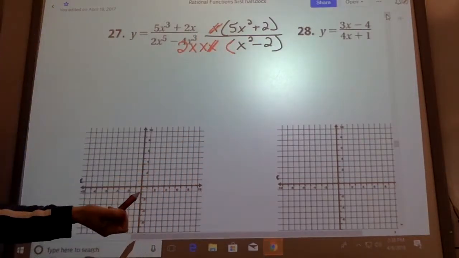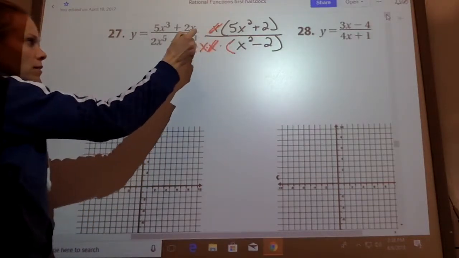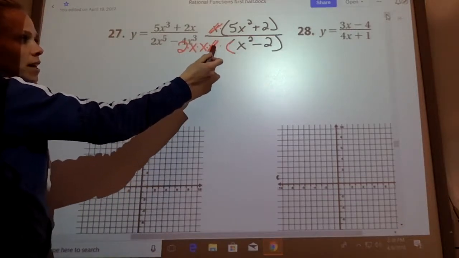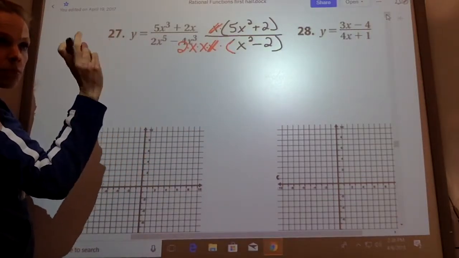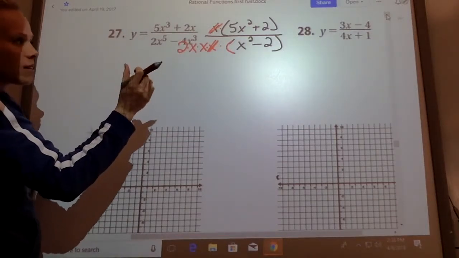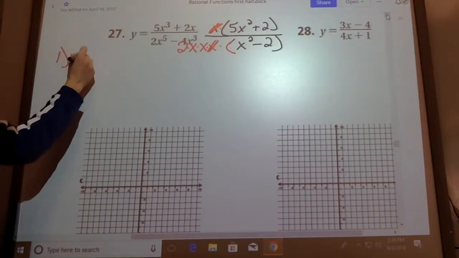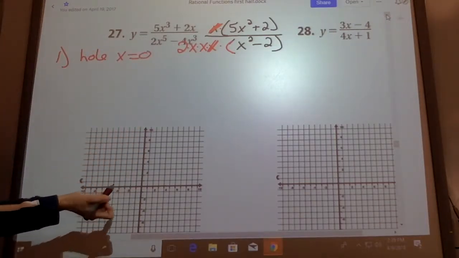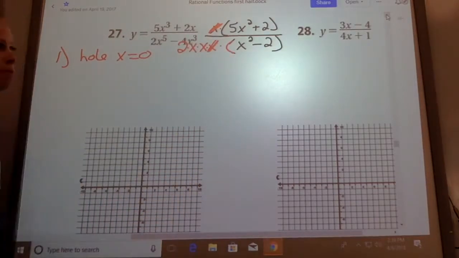Why can't you do that with the other ones? Because this is multiplying, I'm not adding or subtracting anything to that x. That's a polynomial by itself. So I can cross those off. Therefore, I'm going to have a hole at 0, because I set that equal to 0 and x is 0.